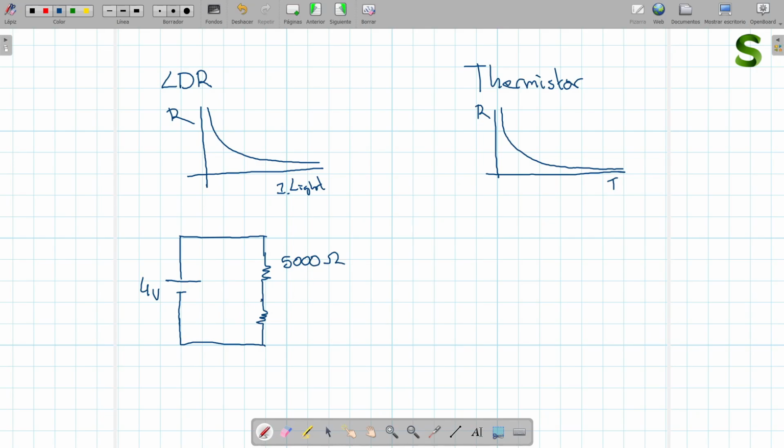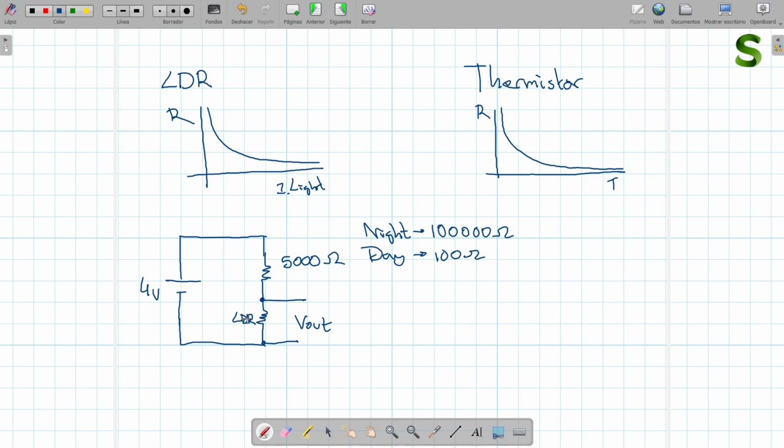Okay, and the LDR is going to change. At night it is going to be 100,000 ohms, and during the day it's going to be, for example, 100 ohms, just to make it extreme. Okay, so what is going to happen here?